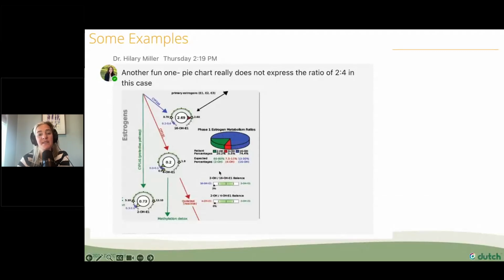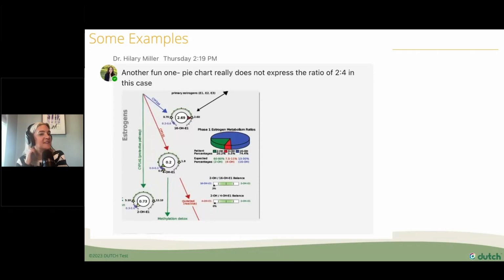But what you probably didn't anticipate, especially because the 4-OH is below the level that we would see here, 7.5 to 11%, below that target range, you're really missing with that pie chart the fact that there's such a strong preference for 4-OH when you look at just 4-OH and 2-OH balance. So this is probably a problematic metabolism for this patient because they really strongly prefer the 16 and the 4-OH metabolites, really don't have enough 2-OH metabolism.